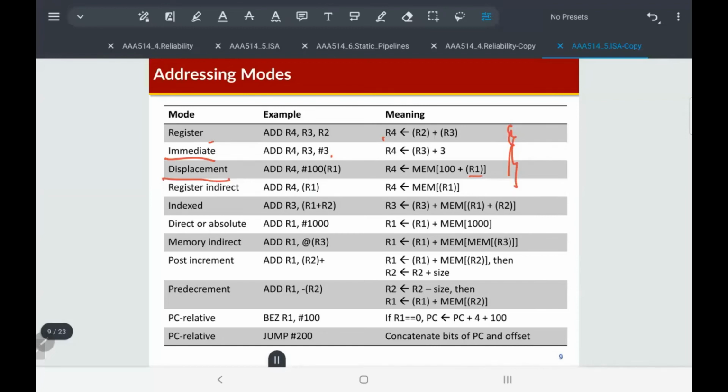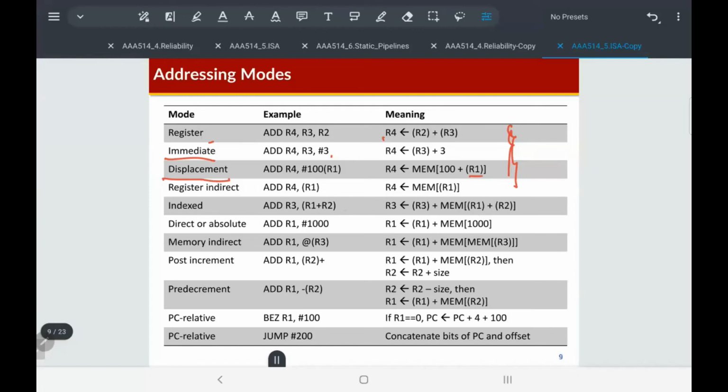But the CISC type ISA may support some more complex addressing modes like this. So register indirect and then indexed. For indexed, the index of the memory is computed from the data in the two source registers like this.